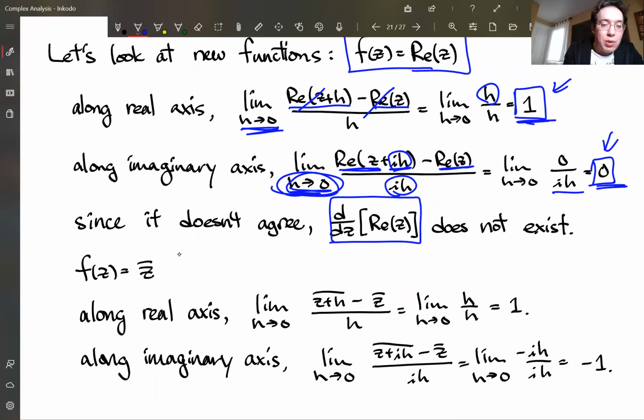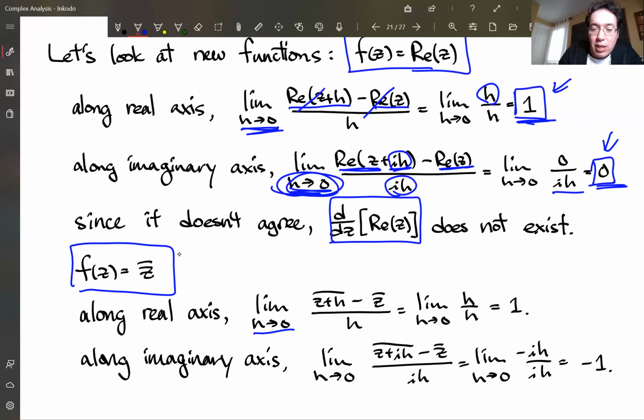Okay, so let's look at the complex conjugate function. This doesn't do anything to the real part, but you switch the sign in the imaginary part. Okay, again, I'm going to break down the limit into approaching from the real axis and the imaginary axis.